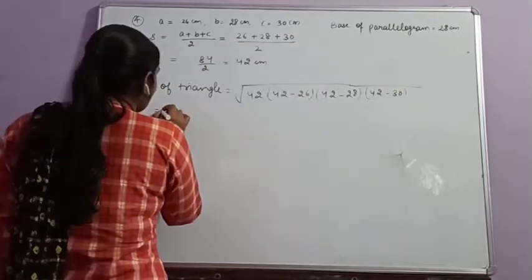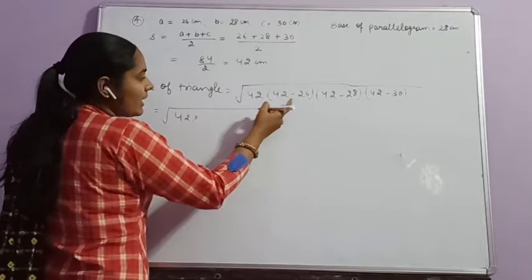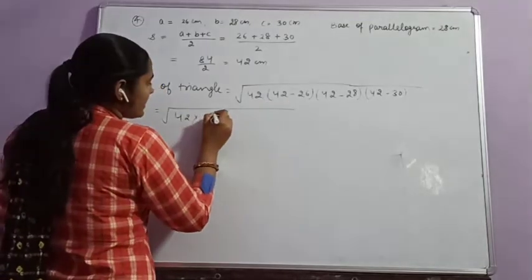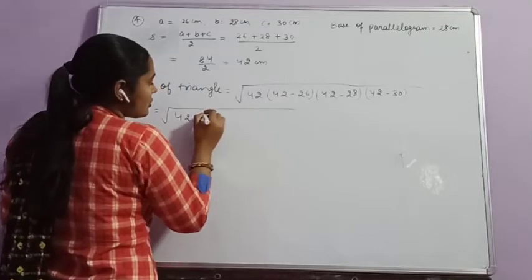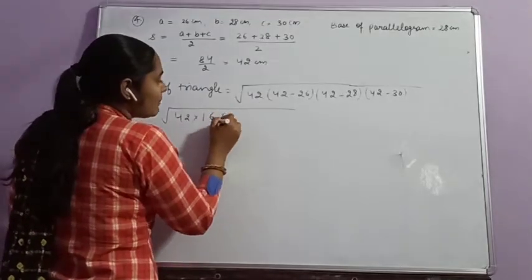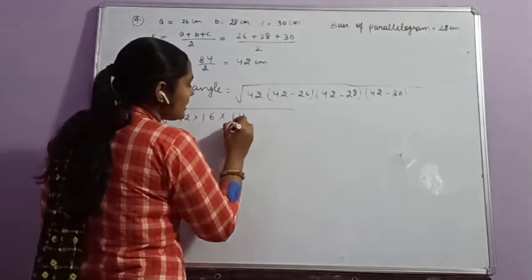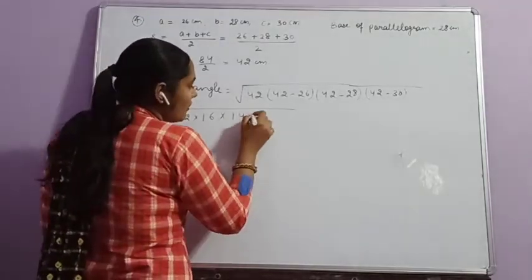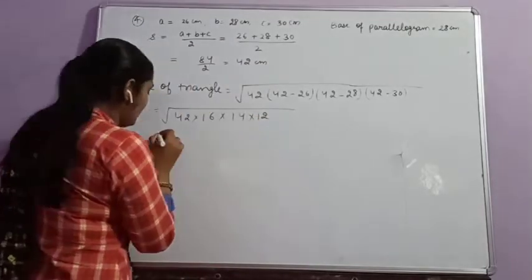By simplifying it, 42 multiplied with 42 minus 26, that is 16, multiplied with 42 minus 28, that is 14, multiplied with 42 minus 30, that is 12.